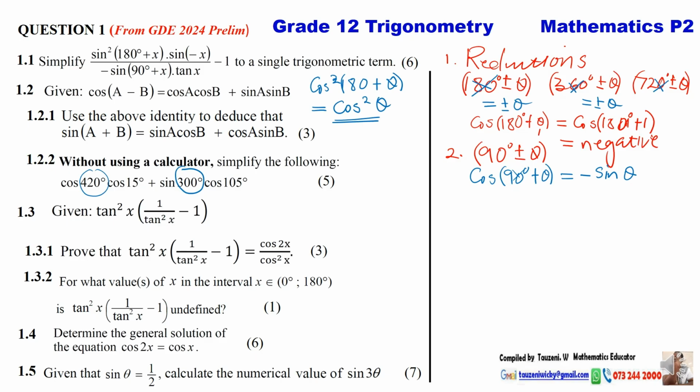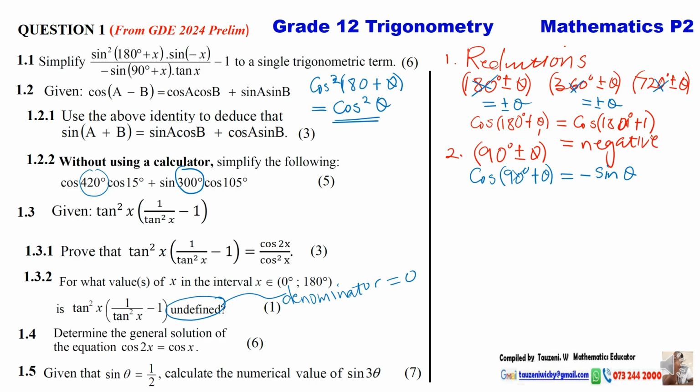Then number 1.3.2, undefined. This word will definitely appear a lot. If something is undefined in mathematical fractions, then it means the denominator must equal 0. Equate the denominator to 0 and solve for x. That will make sure that you've got the values that can make the identity undefined.